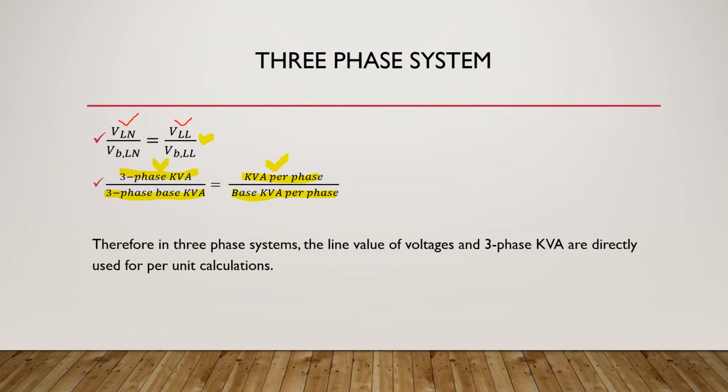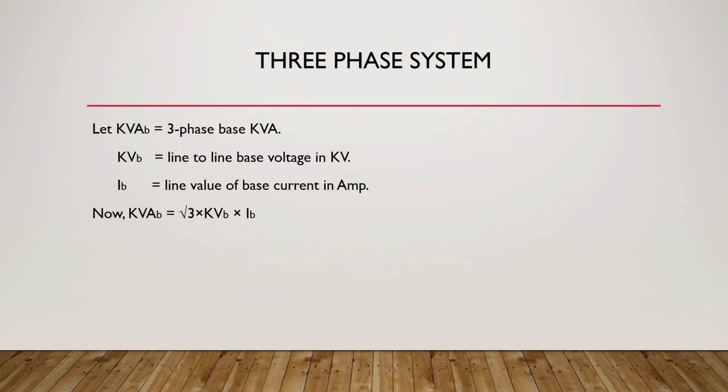That means, in a three-phase system, the line values of voltages and three-phase kVA are directly used for per unit calculations. Clear? Next, let us have a detailed discussion on per unit quantities in the three-phase system. Let us have the first one: kVAB is the three-phase base kVA.